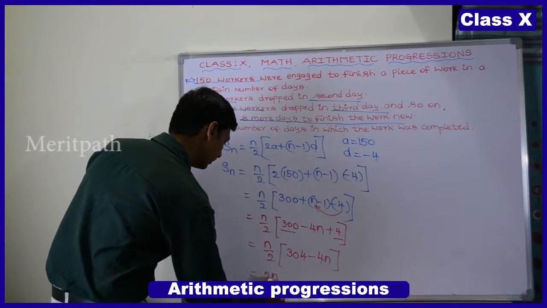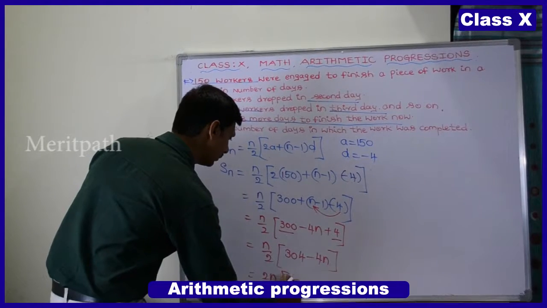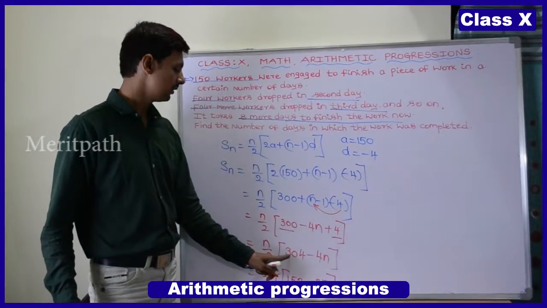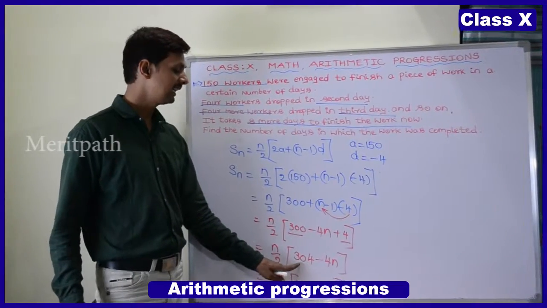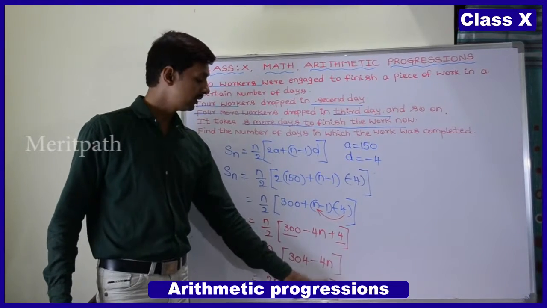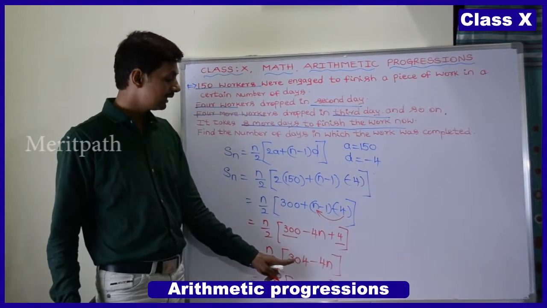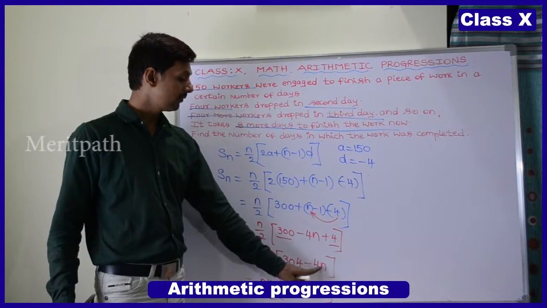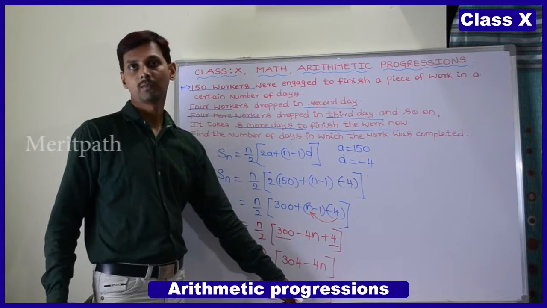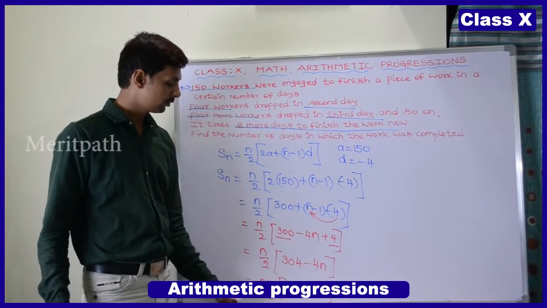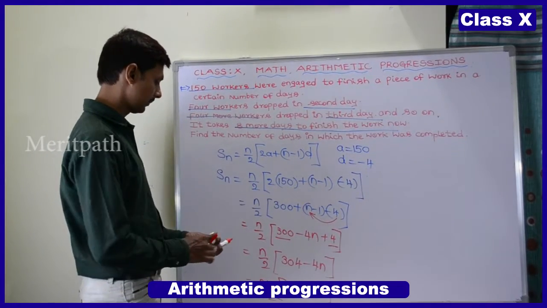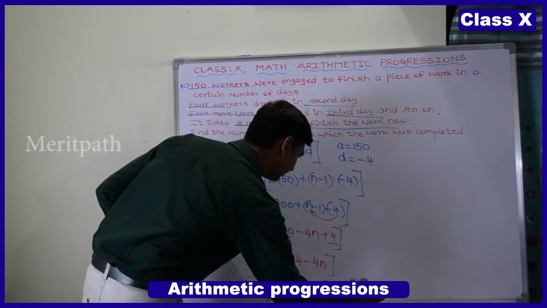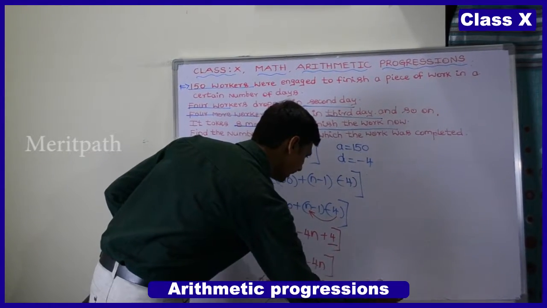When we take 2 common, these terms become 152 minus 2n. 2 into 152 is 304, and 2 into 2n is 4n. So taking 2 common from 304 gives 152, and from 4n gives 2n. So we have 2 by 2, and when we cancel the 2 and 2, we get n into 152 minus 2n.